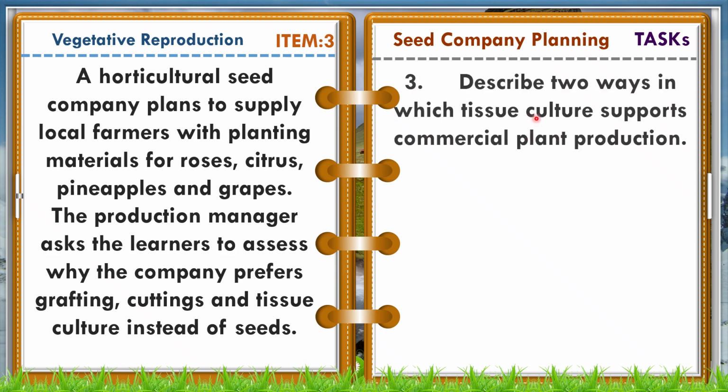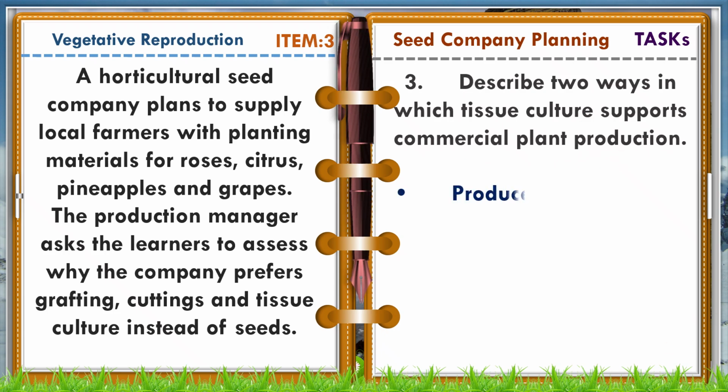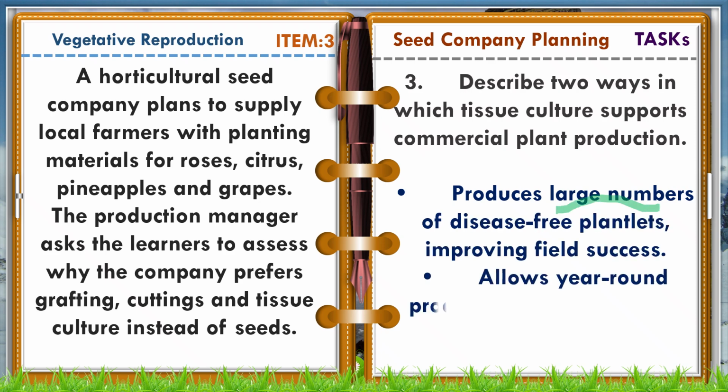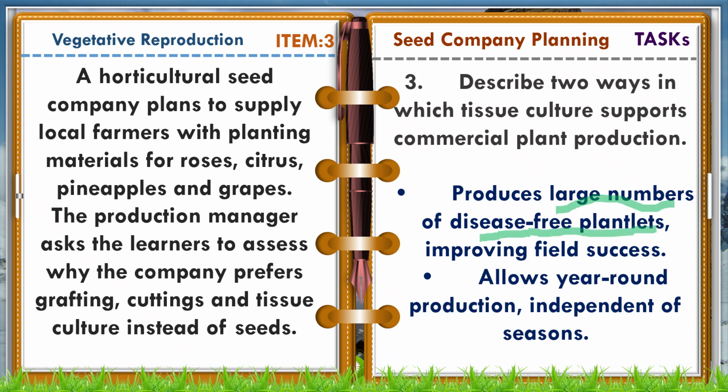Describe 2 ways in which tissue culture supports commercial plant production. It produces large numbers of disease-free plantlets, improving field success.